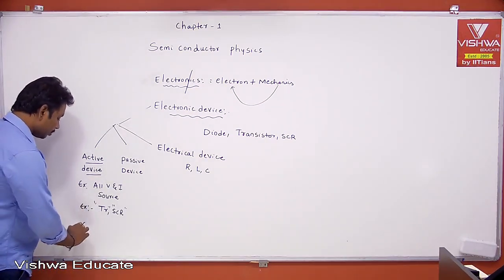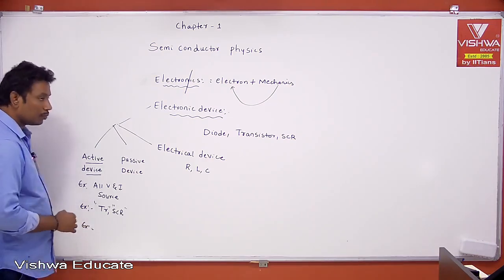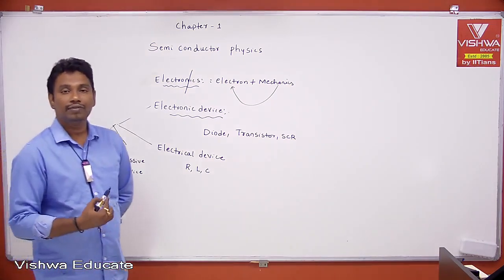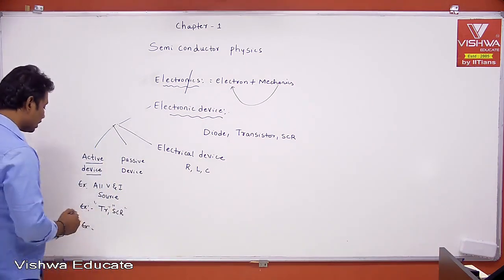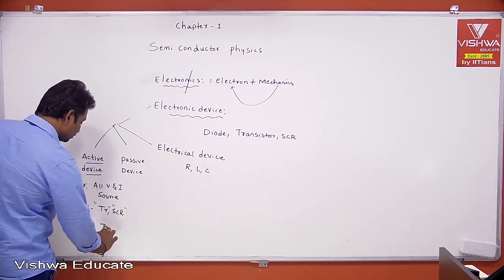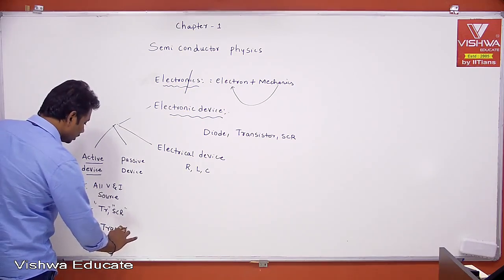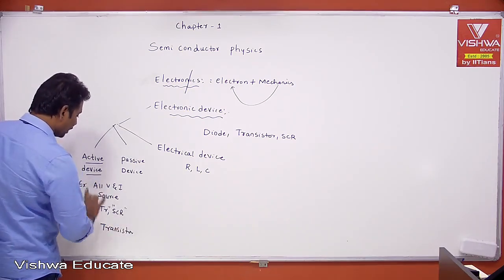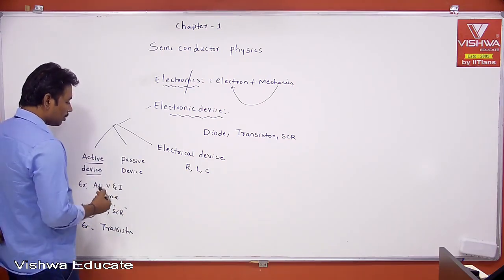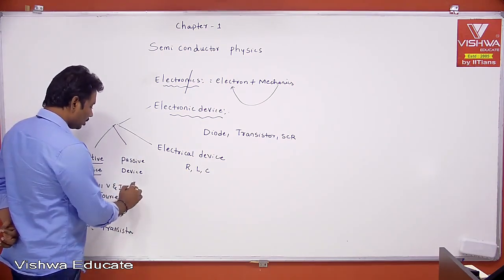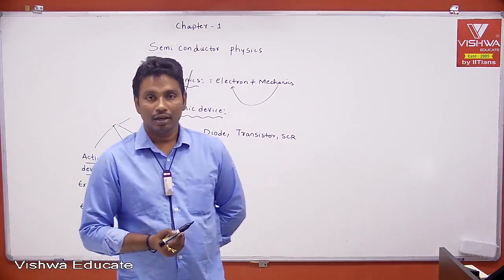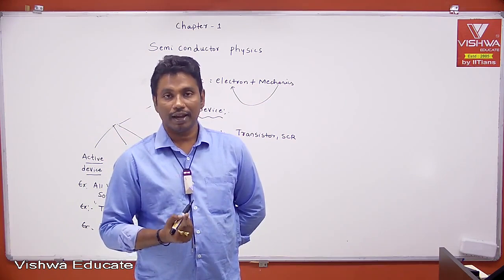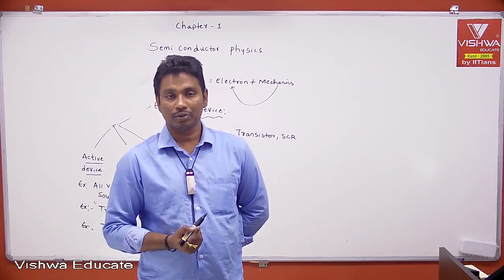And one more definition: a device which can perform amplification is also called an active device. What is the example for amplification here? Transistor, right? This is about active devices. Coming to passive devices, what is a passive device actually? A passive device is nothing but a device which can dissipate energy.